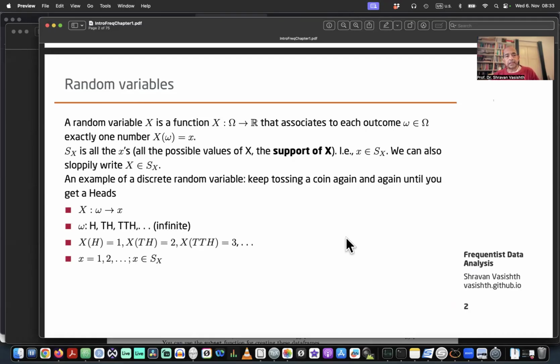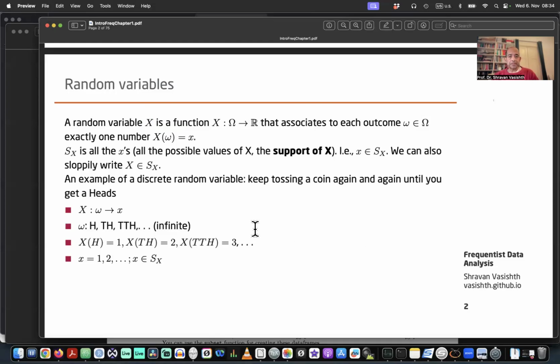And so the way a random variable is defined, you always use some variable name like X or Y or Z to represent this underlying object that is assumed to produce the data that we are encountering in an experiment.